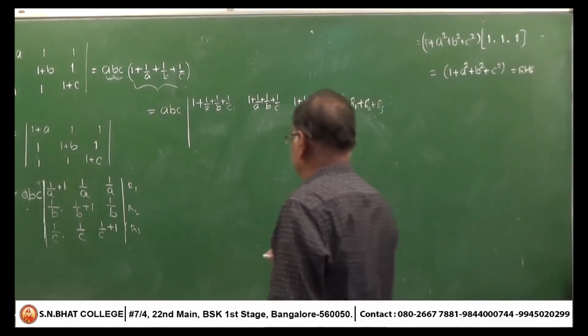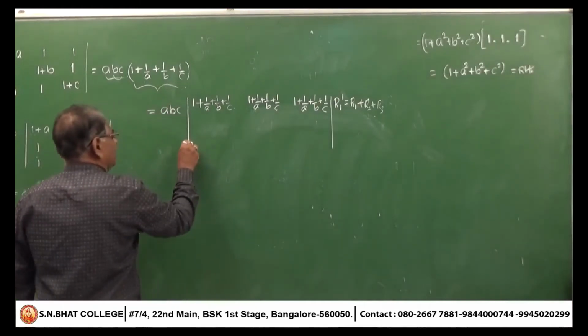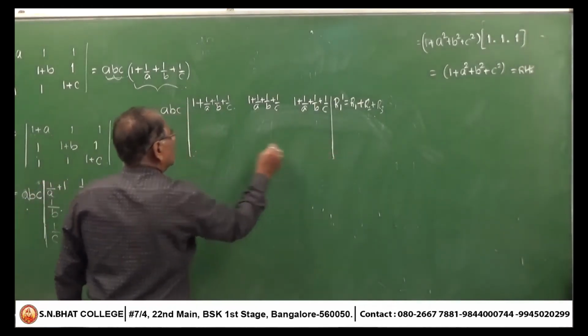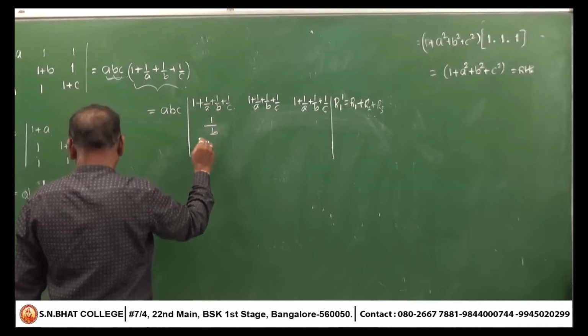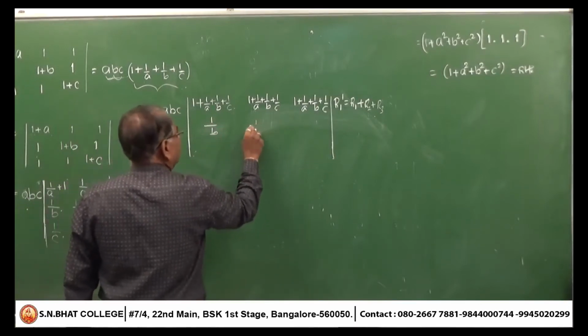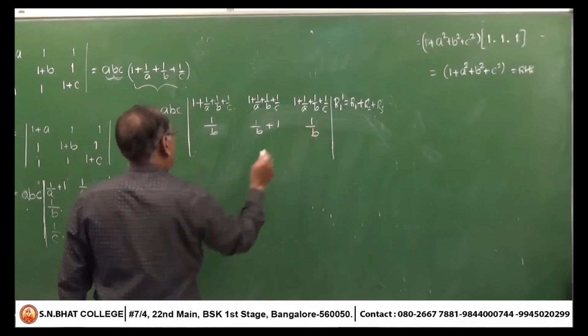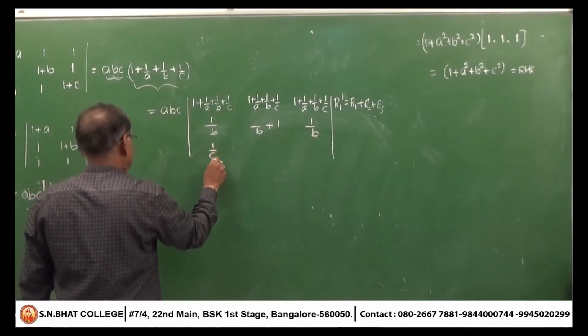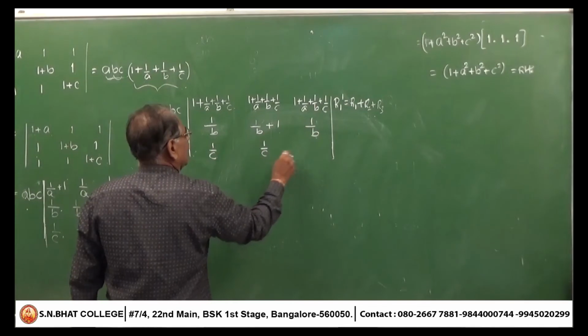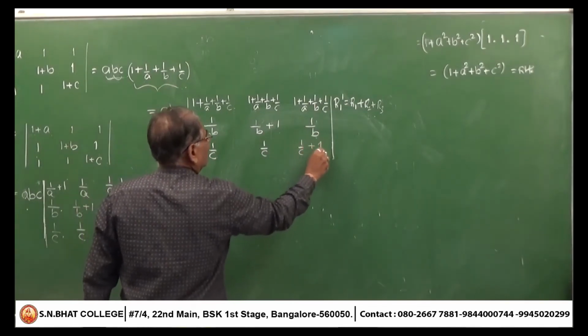Write R2 and R3 as it is. 1 by B, next 1 by B plus 1, 1 by B. Write the third row as it is: 1 by C, 1 by C, 1 by C plus 1.